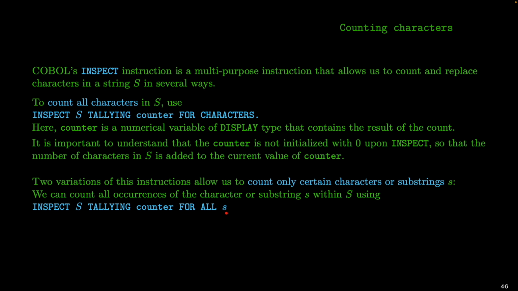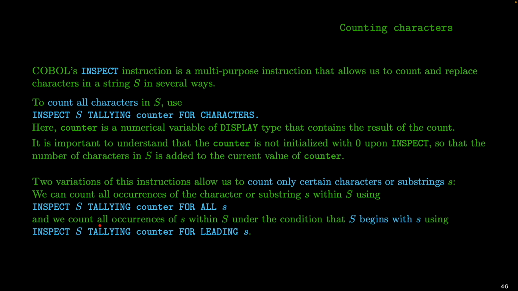Then we would count all occurrences of this substring here in the string capital S. And we can count all the occurrences of our substring within our string S under the condition that S begins with the substring lowercase s. And for this we use the command INSPECT S TALLYING counter FOR LEADING lowercase s. It's quite a particular command, but well, can't hurt to have it.